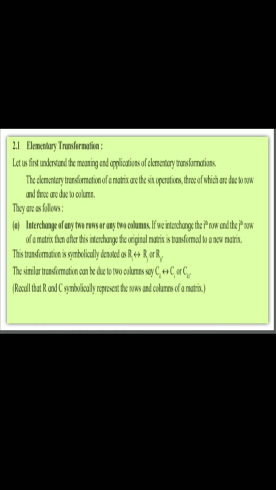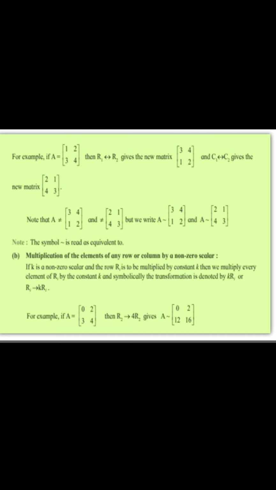The similar transformation can be done for 2 columns, say Ck interchange to Ci, or it is also called C of Ik. Capital R means row of a matrix and capital C means column of a matrix. We learn interchange of row and column.